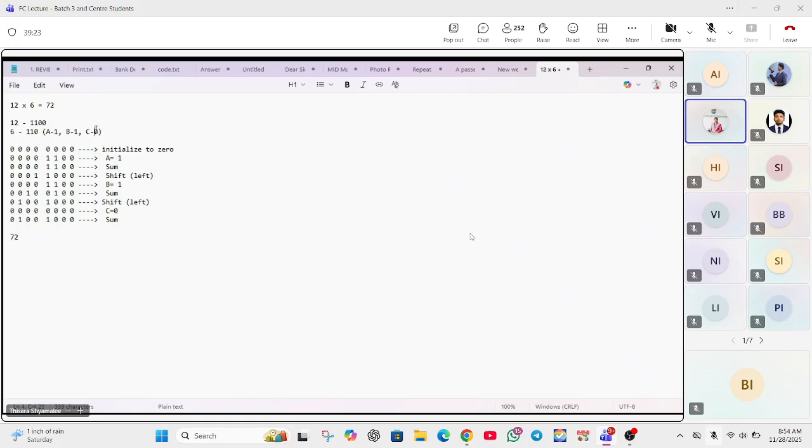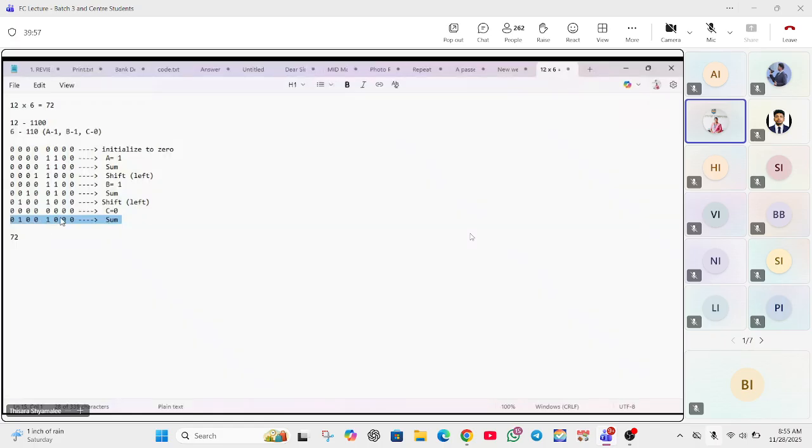Again, the next step is the C value. You need to multiply this binary value by the C value. C is 0. When you multiply by 0, you will get 0. Then you get the summation of the previous two steps like this, and you will get the final answer like this.